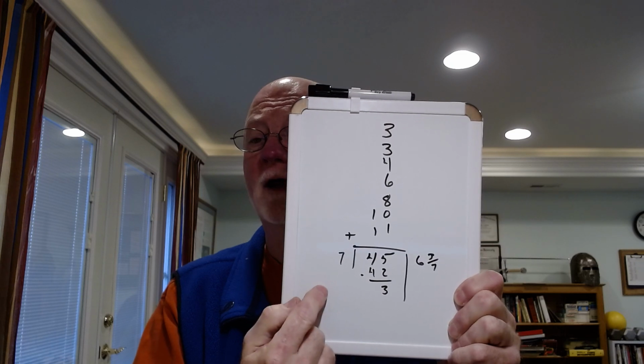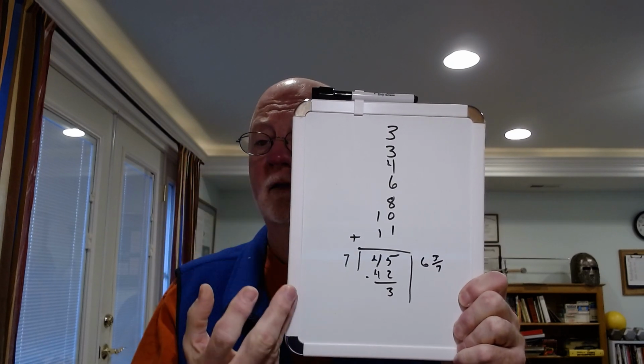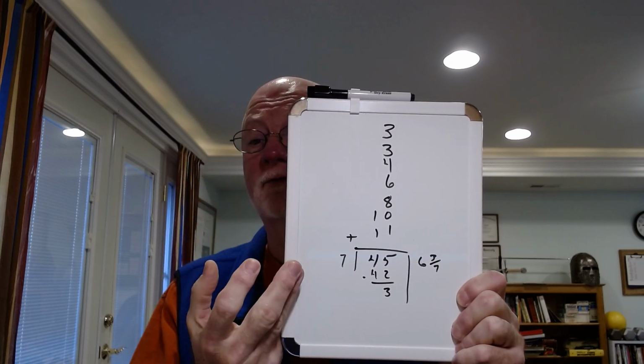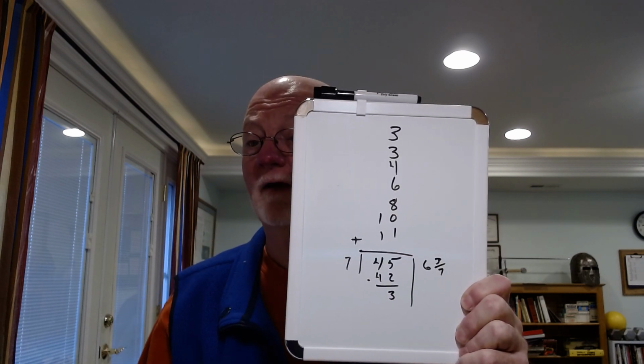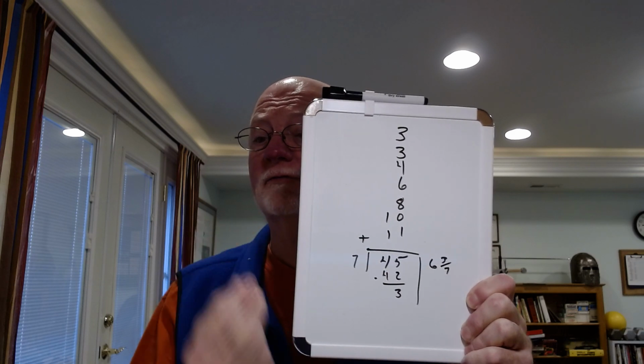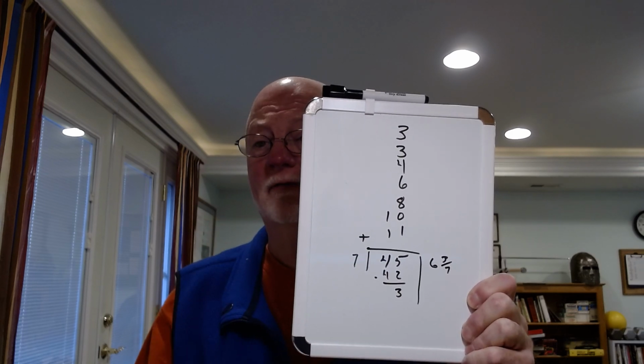And so I divide the sum by the number of numbers. So in this case, 45 divided by 7. And I get 6 3/7. Now, you can carry that out to decimal, but for purposes of this, I don't need to. Fractional form is fine for this example.